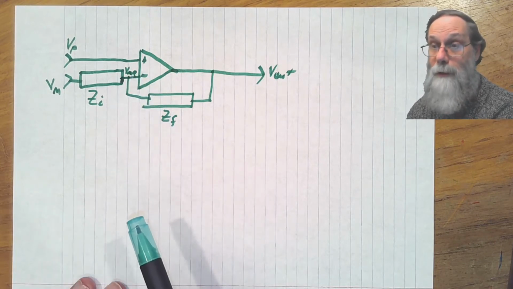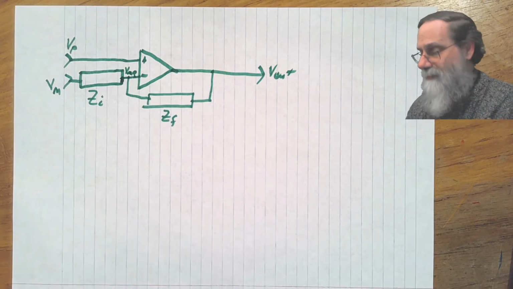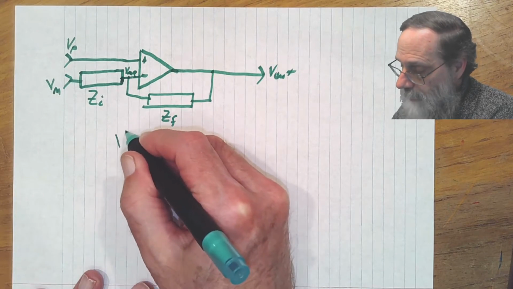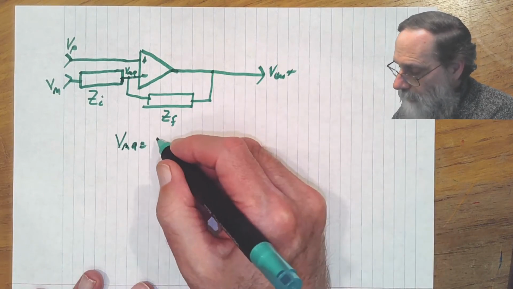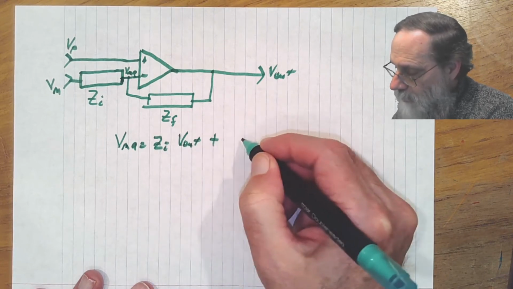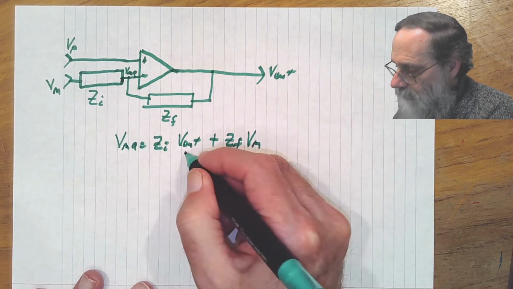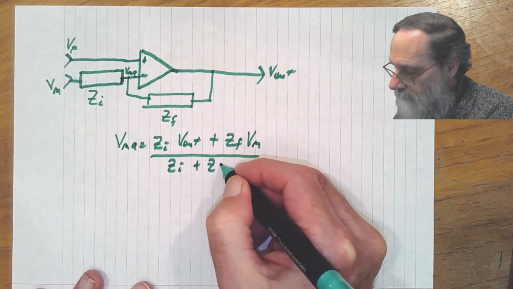So it's a voltage divider. We can use our voltage divider equation. In fact, we can use the symmetric version of the voltage divider equation. That's probably the easiest way to write that one. And say that VMA is equal to ZI times Vout plus ZF times VM divided by ZI plus ZF.